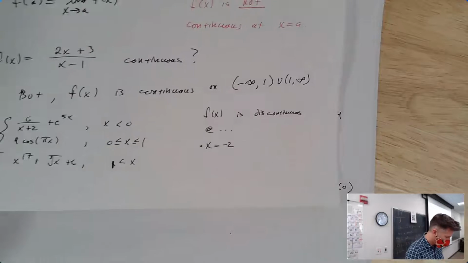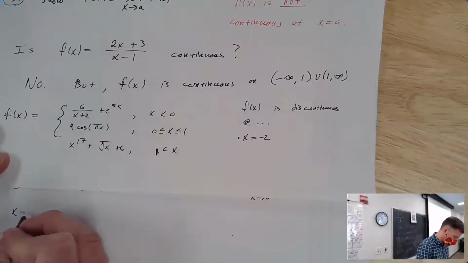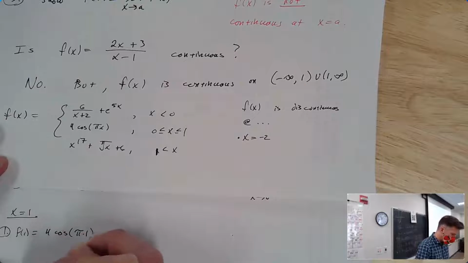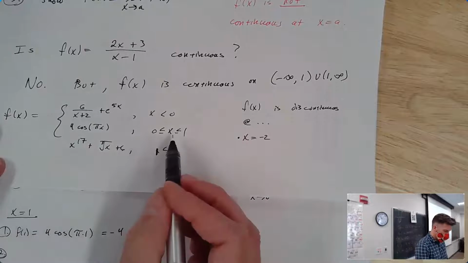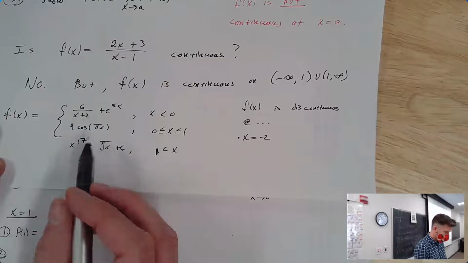So looking back at our function here, now we're going to look at x equal to 1. f of 1 is going to be 4 times cosine of pi times 1. Cosine of pi is -1, so this is going to be -4. We know the limit as we approach 1 from the left is going to be the same value because it's using the same piece.